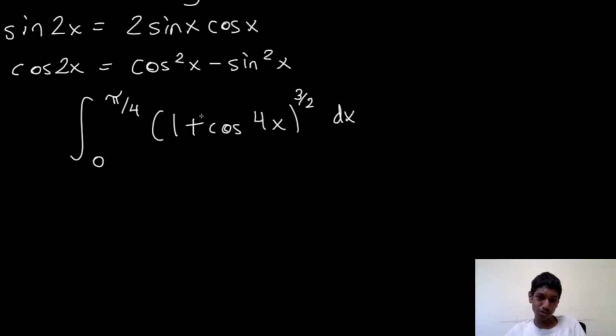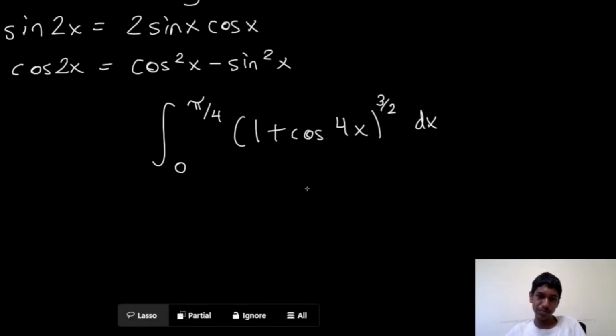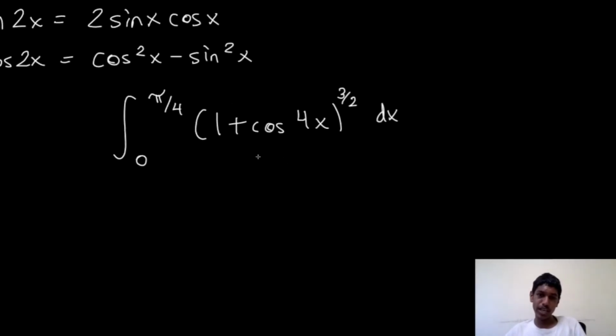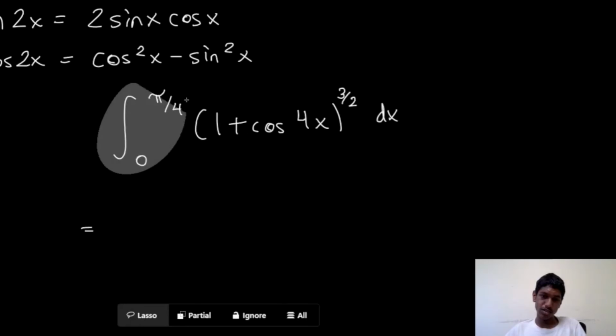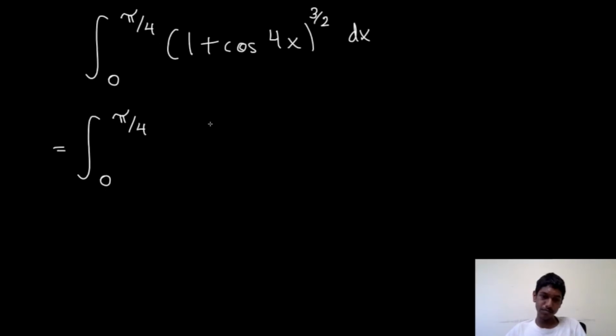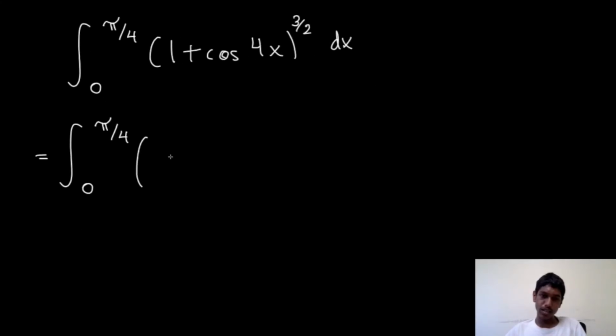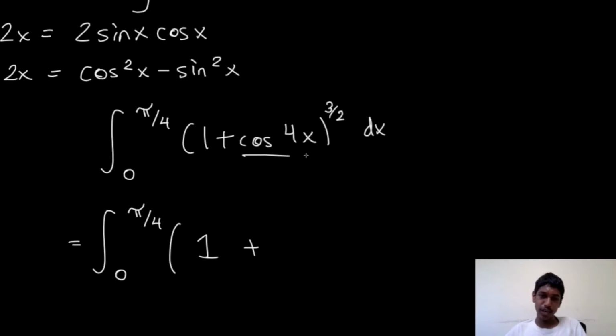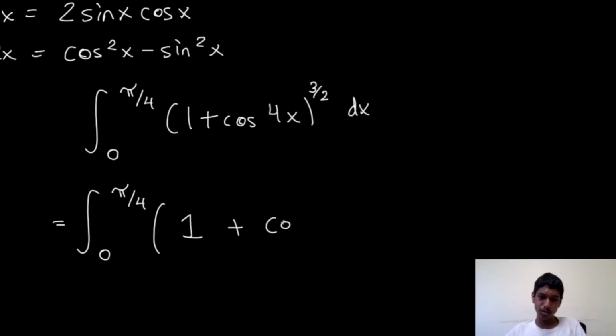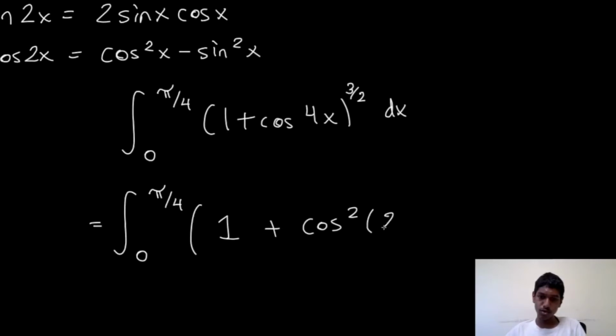So what do we do? Well, one way we could do it is to say, okay, so we know that the cosine 4x is going to be, so integral of that, and then leave the 1 here. And then the cosine 4x is going to be cosine squared 2x minus sine squared 2x.